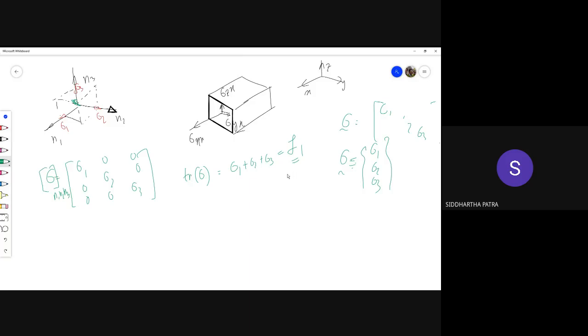We showed that the trace of A transpose is the trace of A, right? And we said that is true for I2 and I3. Now, how much is the value of I3 then? Right? Yes, sir.